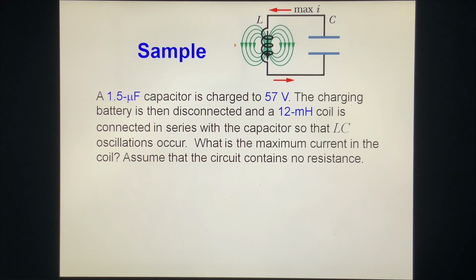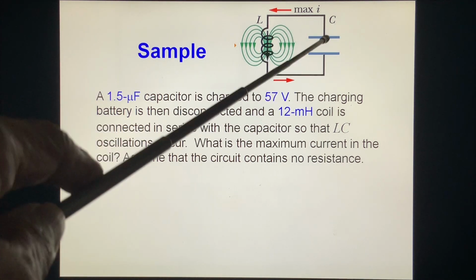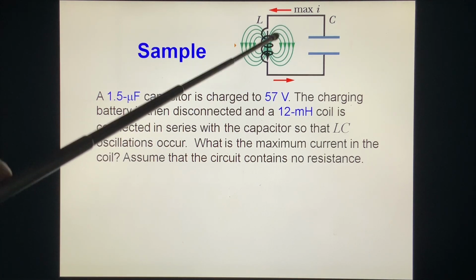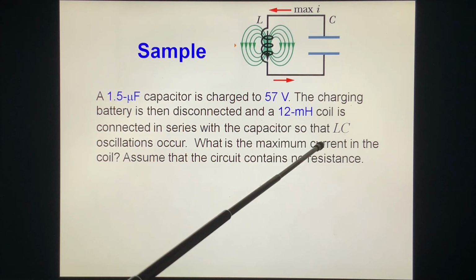What is the maximum current in the coil? Assume that the circuit contains no resistance. Now we saw from energy conservation that when it is at 57 volts, all the energy is here, and when all the energy moves to this one, we get the maximum current. This is what we have to find, the maximum current.